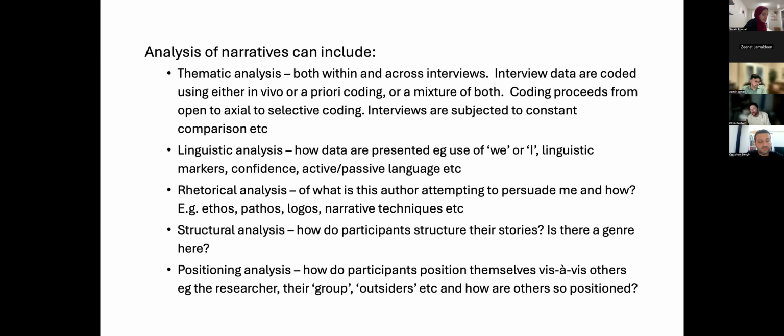And then he says, but you mustn't tell my congregation this. So he positions himself slightly outside of the congregation because of this view. So, how do your participants position themselves according to you, the researcher, other men, societal groups, etc.